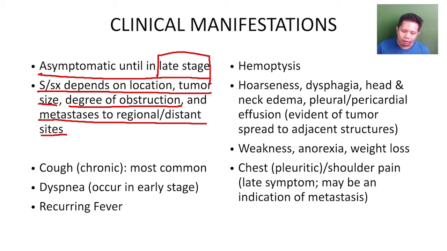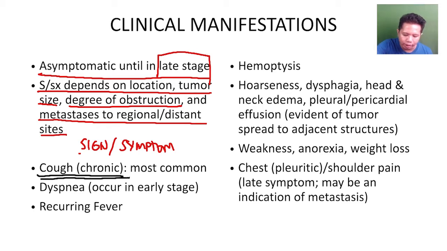Okay, so what are the signs and symptoms that you would be expecting to be seen in the patient? First of all, you have your dry cough. Not just dry cough, it's chronic dry cough. So, hindi ka na nawawalan ng ubo or your patient is always having cough. Okay, that is the most common manifestation.